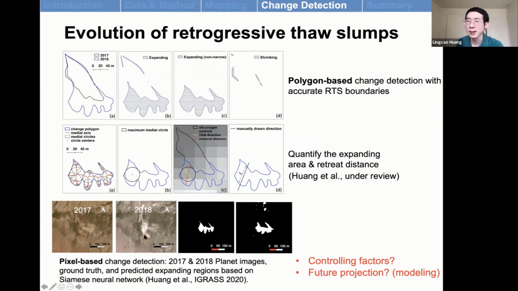For this expanding area, this is the thawing process of the thaw slump. I think maybe there is some distortion of images, but the image distortion is minor.